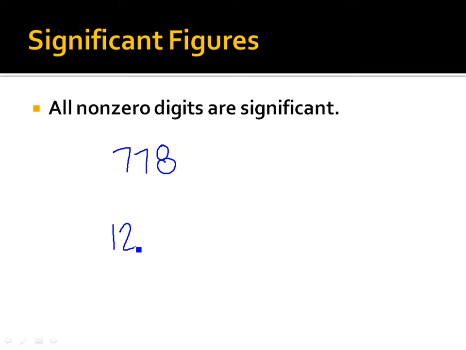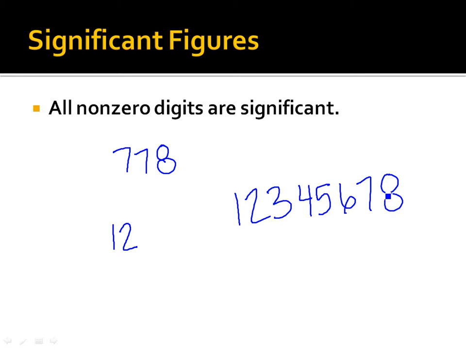There would be 2 significant figures. Or we could have a number as large as this number here, and we would have 1, 2, 3, 4, 5, 6, 7, 8. We would have 8 significant figures.